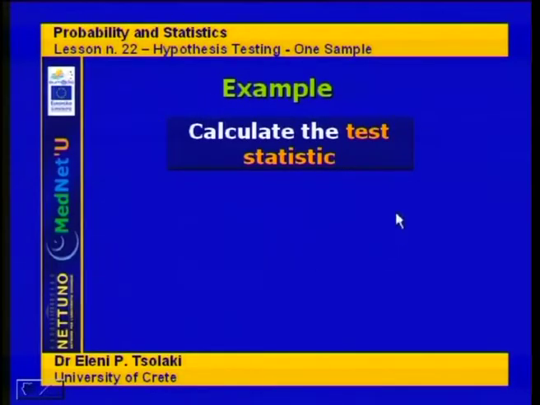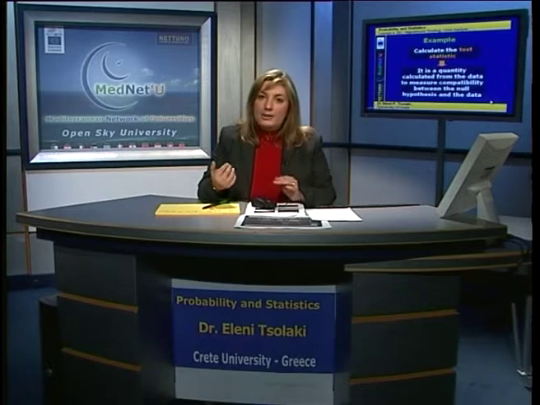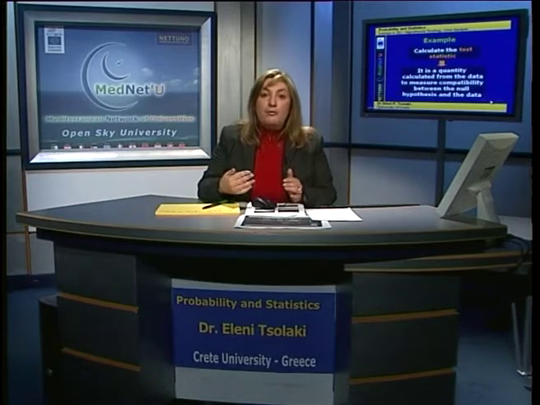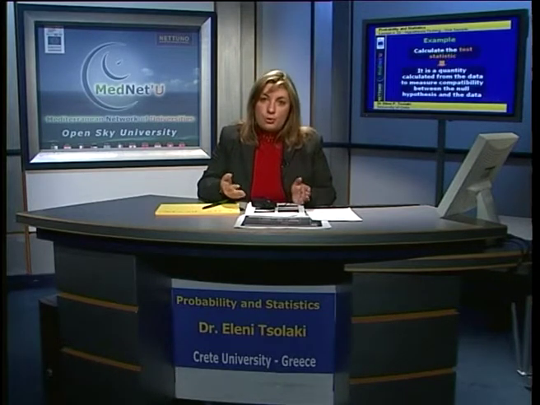So then we calculate the test statistic. As we have said, it is usually the same one as we have used for the confidence intervals. And this, as we have seen, can be calculated from the data and will measure the compatibility between the null hypothesis and the data. So it will measure if our data come from a population for which the null hypothesis is true.